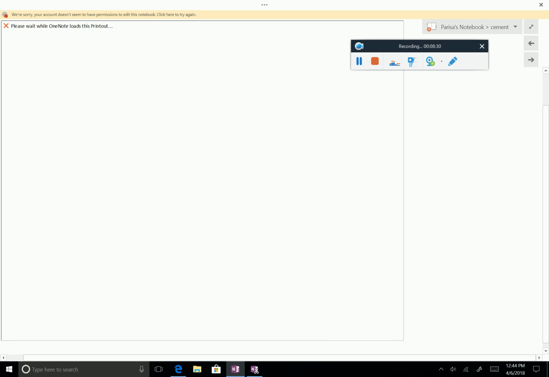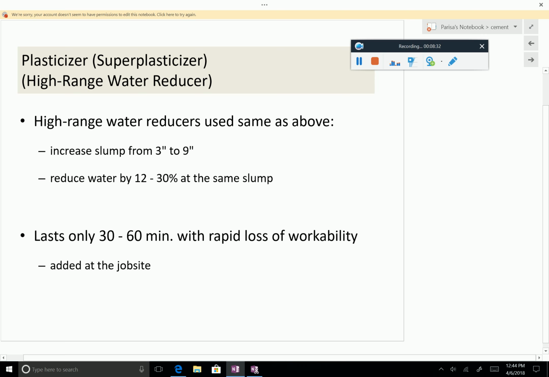And the important thing here is that you do not change the water to cement ratio, so you don't affect the strengths, because you know that the higher the water to cement ratio, the lower the strength. So that's why you don't want to do that, but you want to have the kind of workability associated with higher water to cement ratio without having the negative effect of lower strengths.